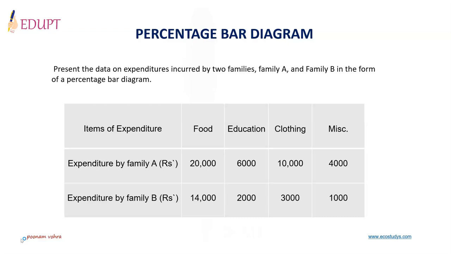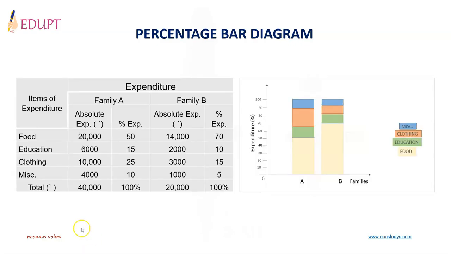Now let's see how do we represent it through a percentage bar diagram. Now have a look at the solution. Absolute expenditure on food by family A is 20,000 out of total income of 40,000, which means 50% is spent on food. And how do we find 50%?